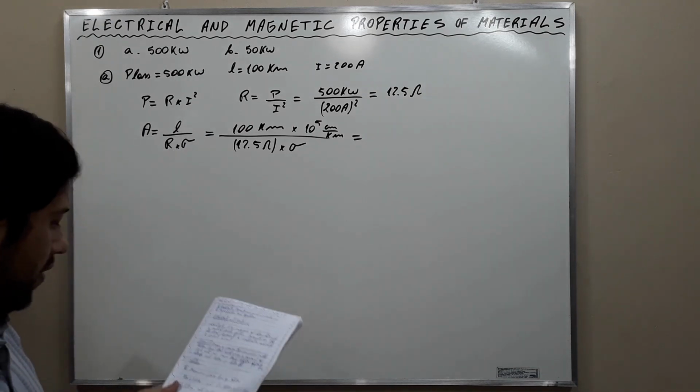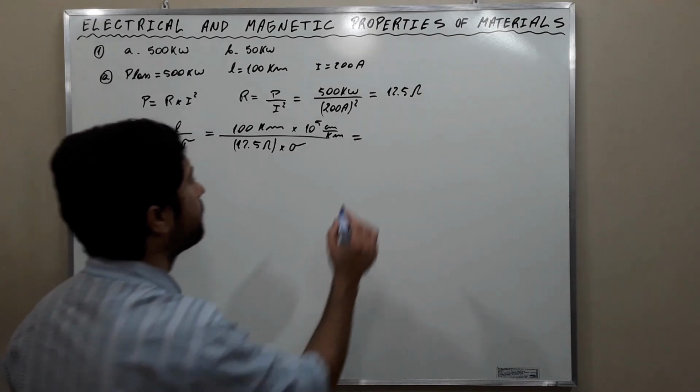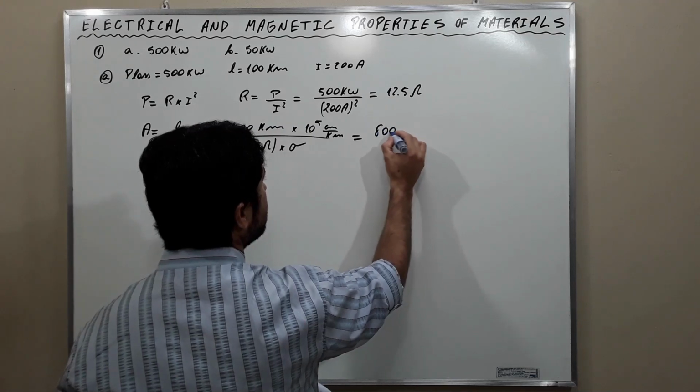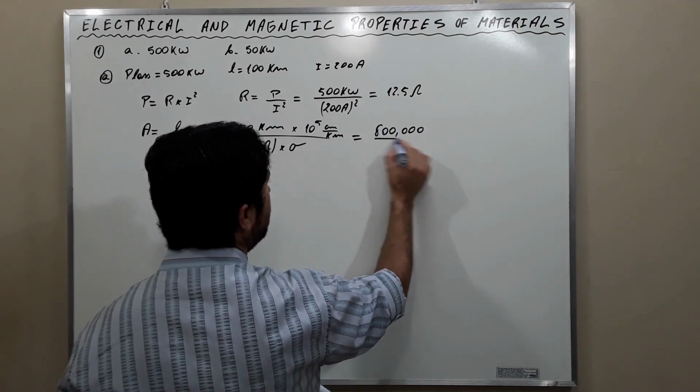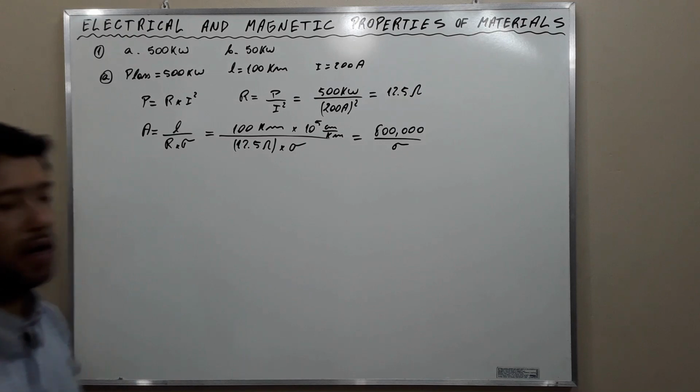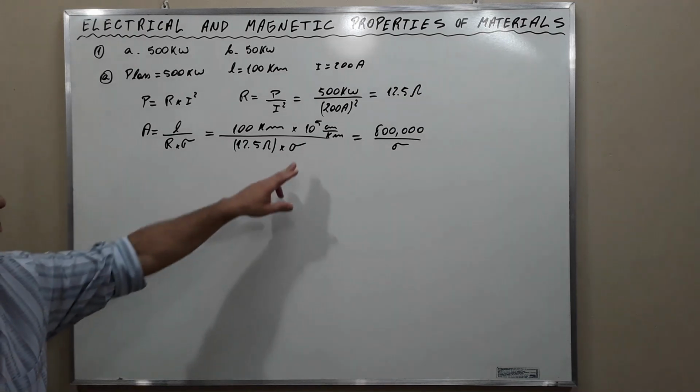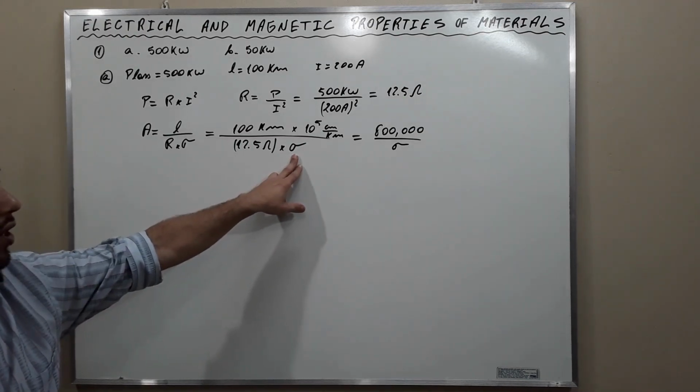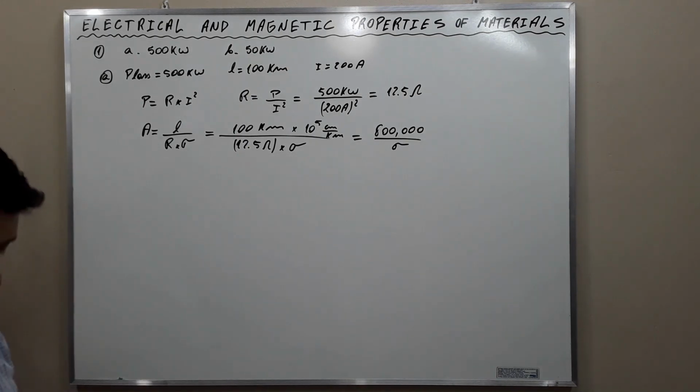And this gives a parameter such as 800,000 over sigma, which is the conductivity of the material. Alright?